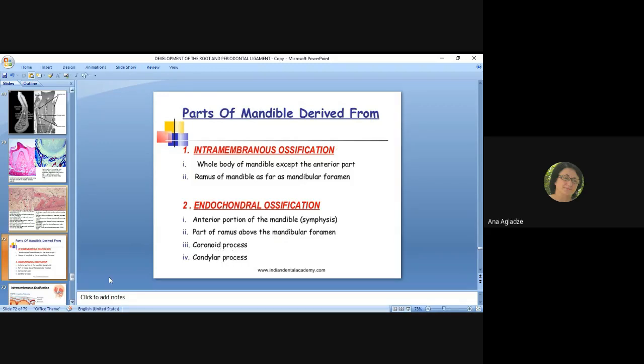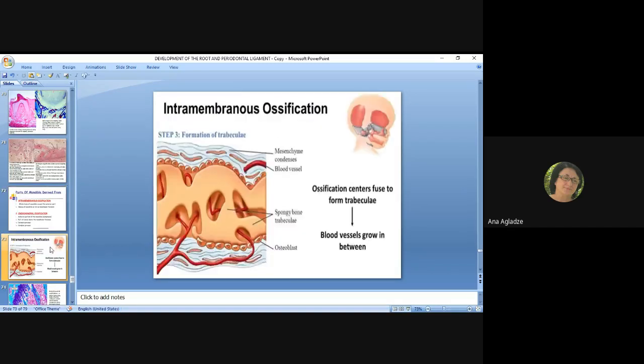They undergo endochondral ossification, and here you can see the intramembranous ossification, when there is mesenchymal condensation and blood vessels, and ossification centers appear, and these centers then fuse to form trabeculae, and there are clefts between these trabeculae, and blood vessels grow in between.